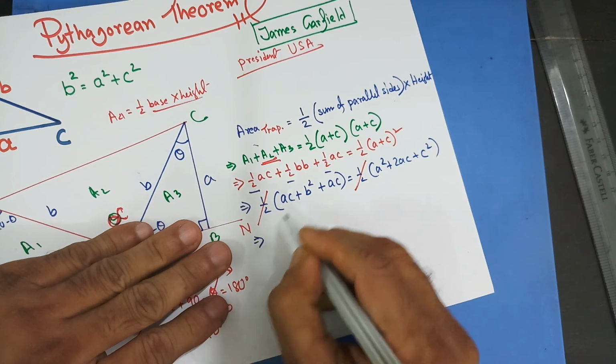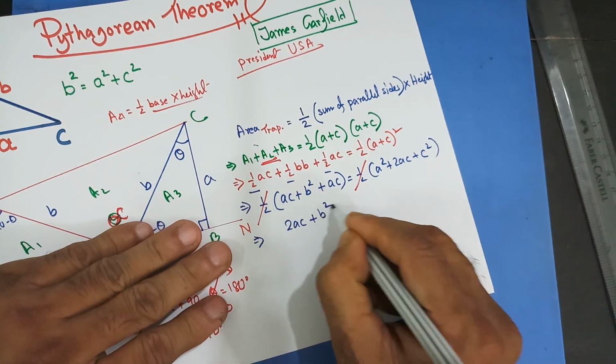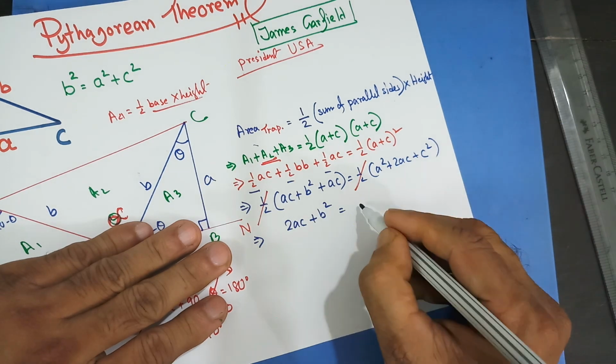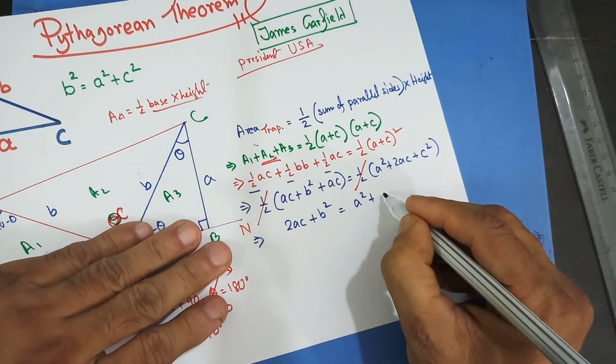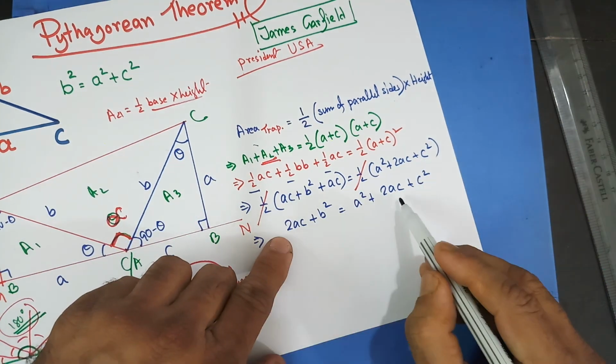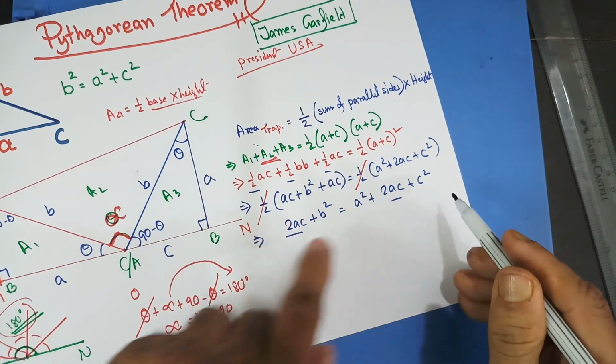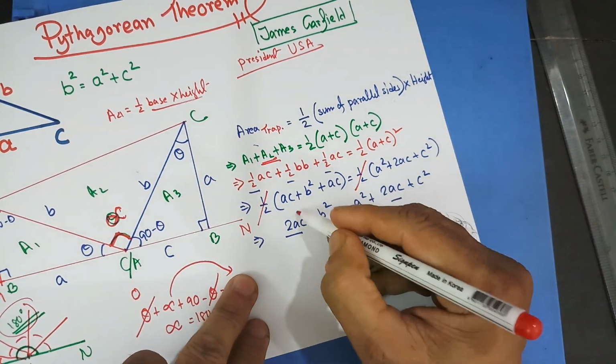Now what do I have? I have 2ac plus b square, and over here I have a square plus 2ac plus c square. Now this ac, this ac, they are on both sides and their sign is positive, so I can cancel this out.